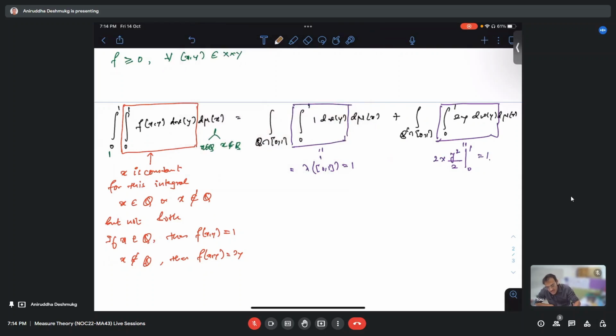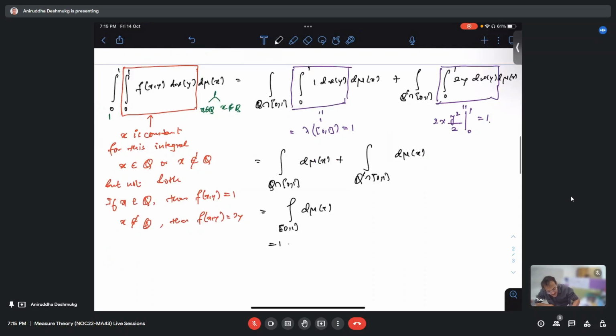And then basically what we get is the integral over rational numbers intersection 0, 1 d mu x plus the integral over irrational numbers intersection 0, 1 d mu x. But that is equal to the integration over 0, 1 d mu x, that is 1.